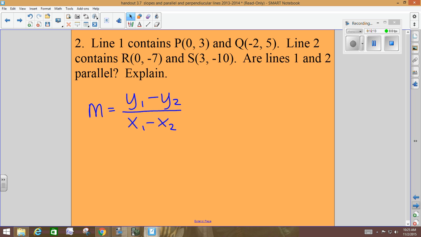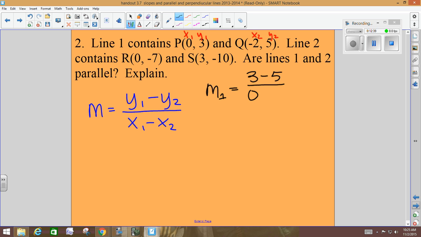Line 1. I have points P and Q. P comes first, so I'm just going to call that my X1, Y1. The little 1 tells you it comes from the first point. X2, Y2 tells you it's coming from the second point. The slope of line 1 equals Y1, 3, minus Y2, 5, all over X1, 0, minus X2, negative 2.